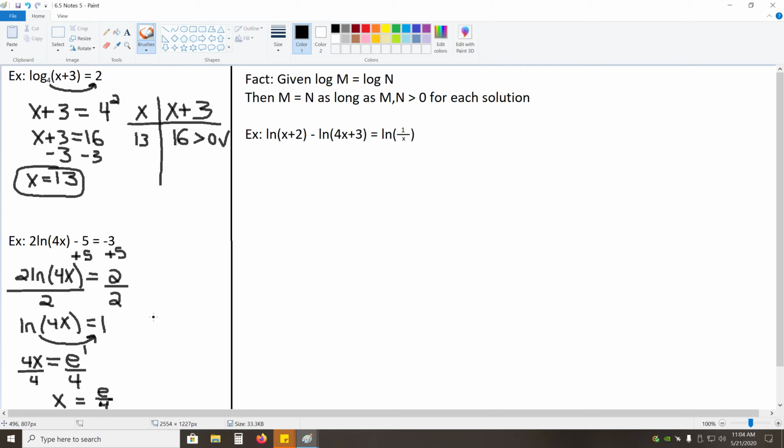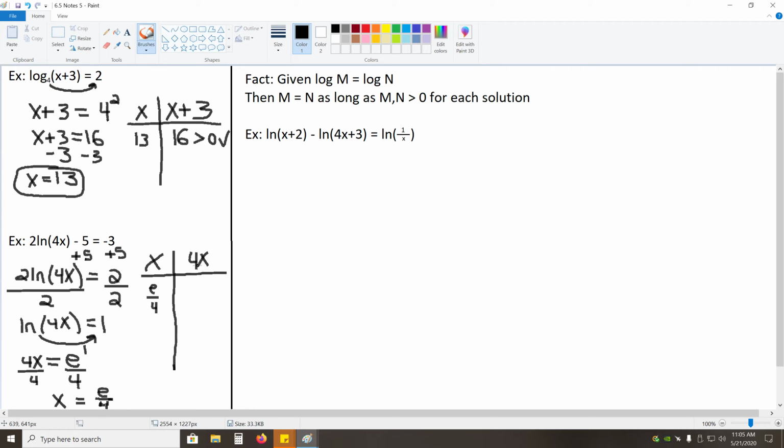And now we just have to make a table to prove that this worked out. So we're checking our x value, which is e over 4, and we're checking it in the value that was inside of our log, which is 4x. Remember, it did not say to approximate, so we will leave this as e over 4, its exact value.